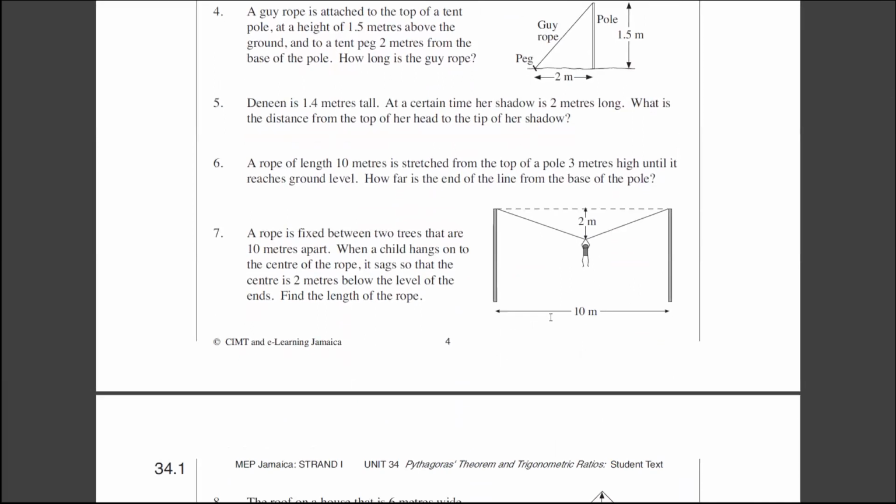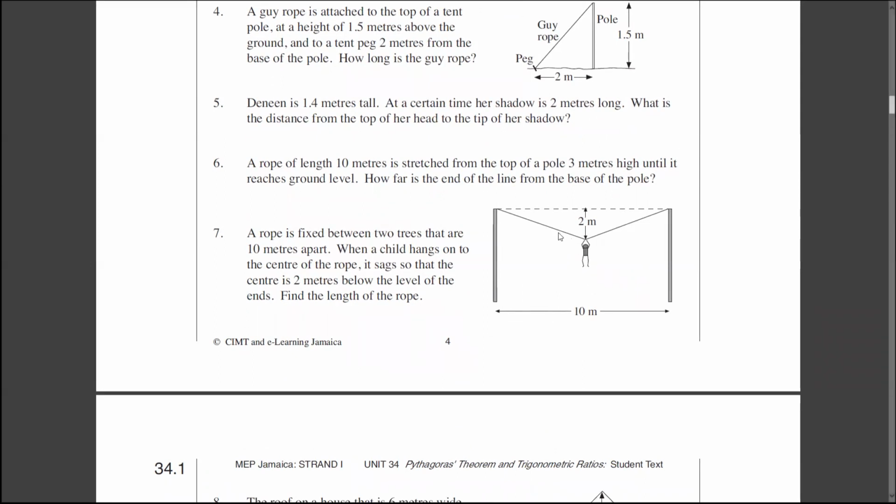Here's another interesting one. A rope is fixed between 2 trees that are 10 meters apart. When a child hangs onto the center of the rope, it sags so that the center is 2 meters below the level of the ends. Find the length of the rope. Another interesting one, right?